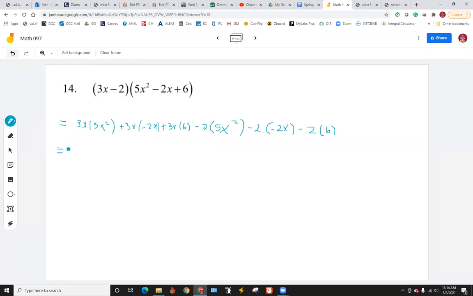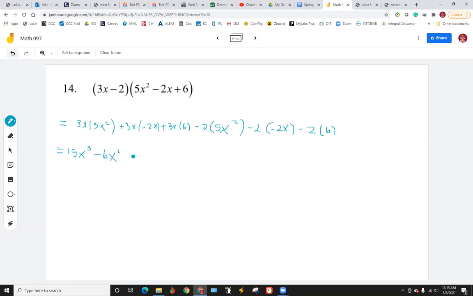So 3 times 5 is 15. x times x squared is going to be x cubed. Again, we're using our product rule. 3 times -2 is -6. x times x is x squared.